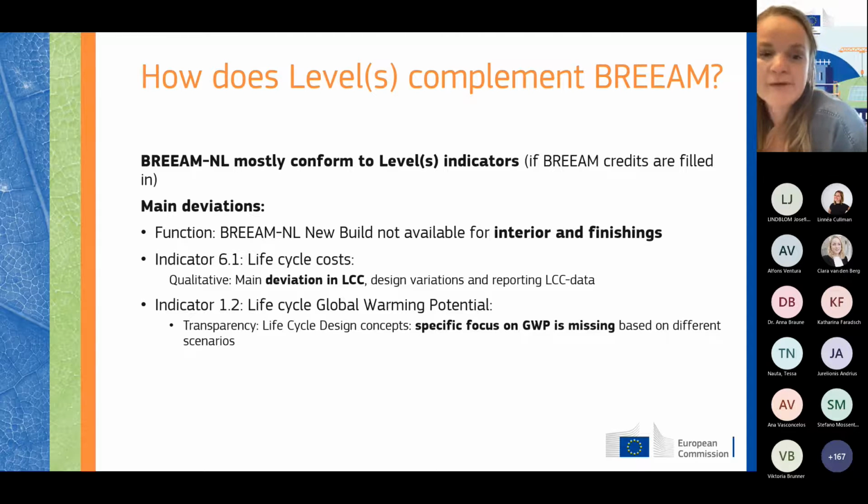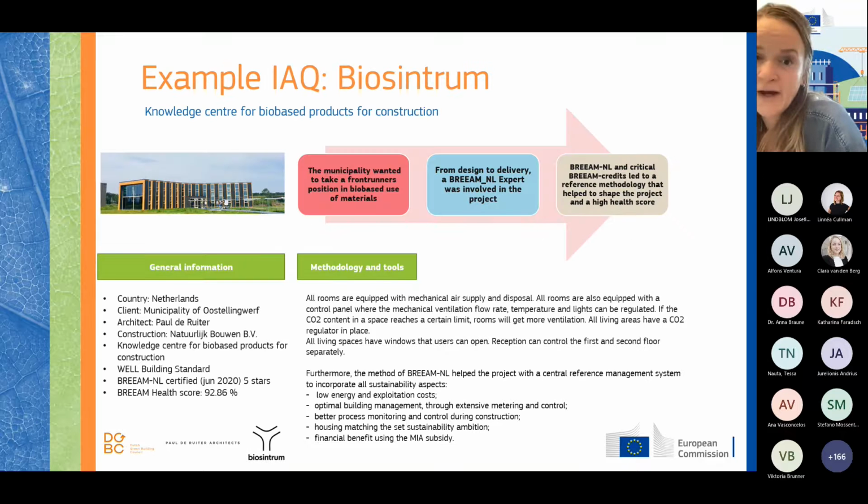And to give you an example on how you can use BREEAM and levels and see the benefits of this framework and certifications, I also took two examples. If you go to the next slide, on how different macro objectives and indicators are used in the market. For instance, this one is Biocentrum.